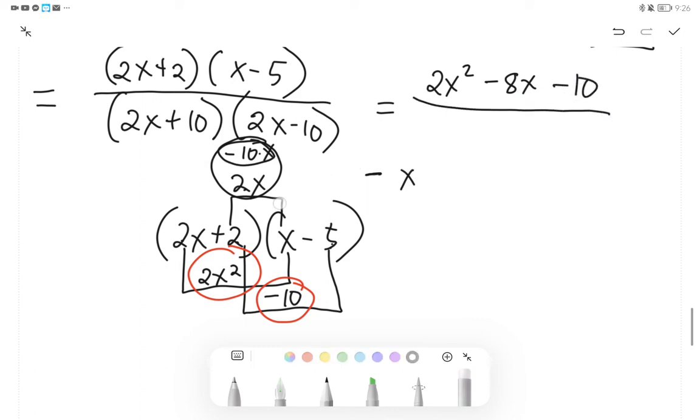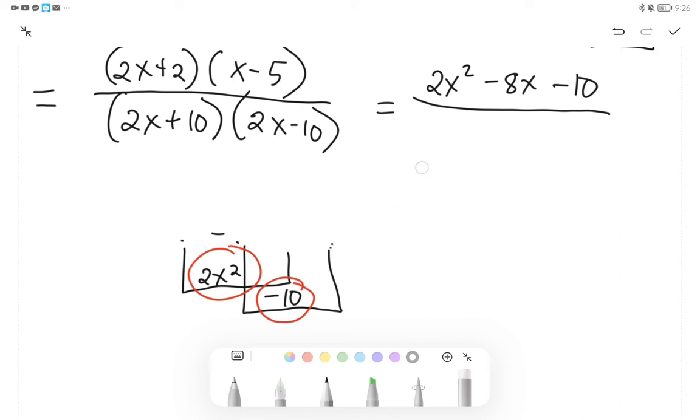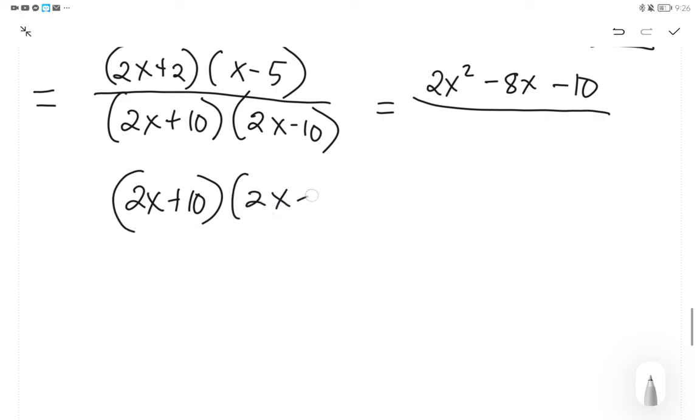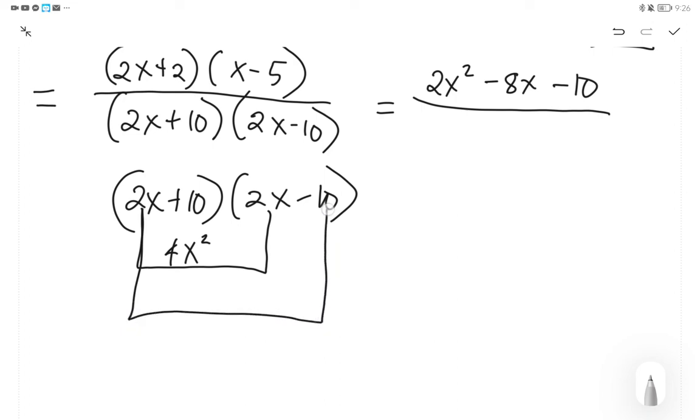Now let's multiply the denominator using FOIL method. Let's have 2x plus 10 rather times 2x minus 10. So first terms, 2x times 2x, that becomes 4x squared. Outer terms, 2x times negative 10, that is negative 20x.